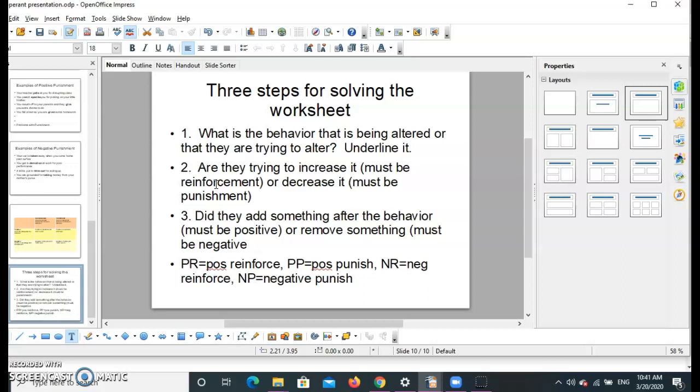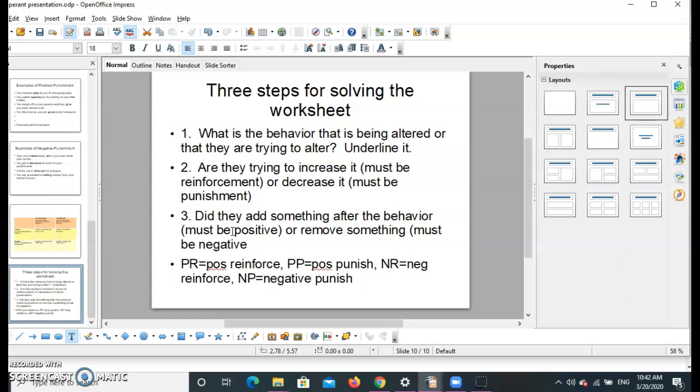So coming home after curfew, I definitely want to decrease it. So I'm going to write down on my worksheet as the second letter, we're kind of going backwards here, P for punishment. Third step, did they add something to make that happen? If they added, it has to be positive, or did they take something away? In which case it has to be negative.